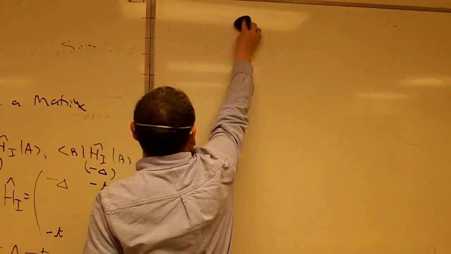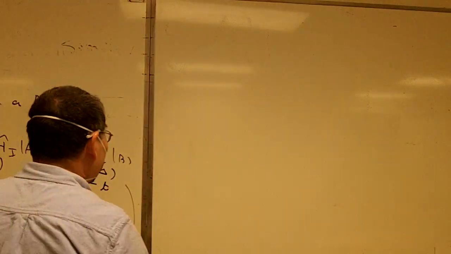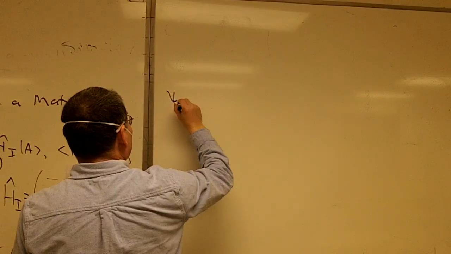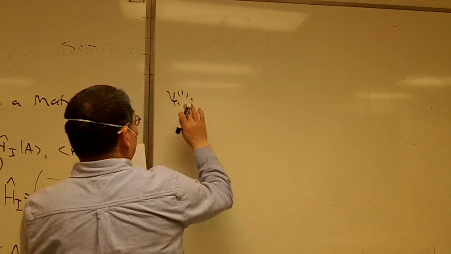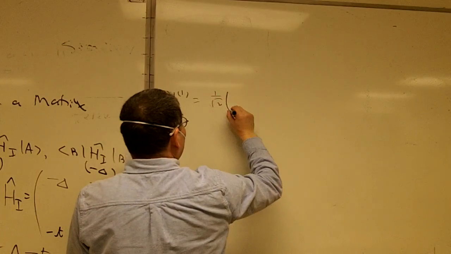And the wave function also can be calculated immediately. So in this particular format, I hope this is good. So my wave function psi 1, this is first order, this is the first wave function with 1 over square root 2, (1, 1).